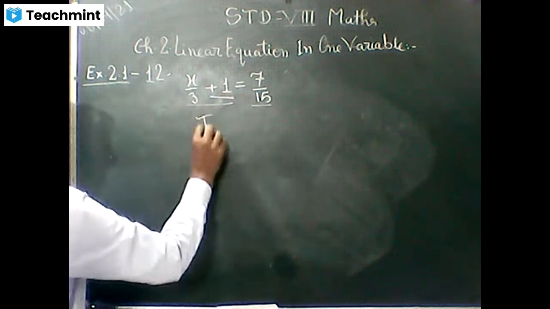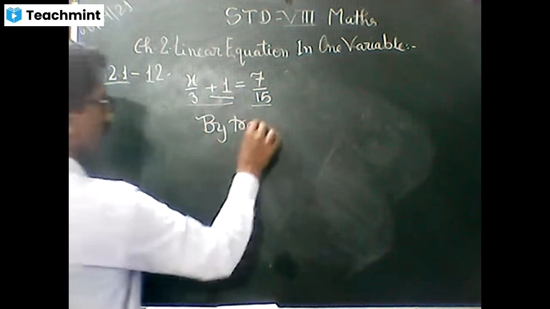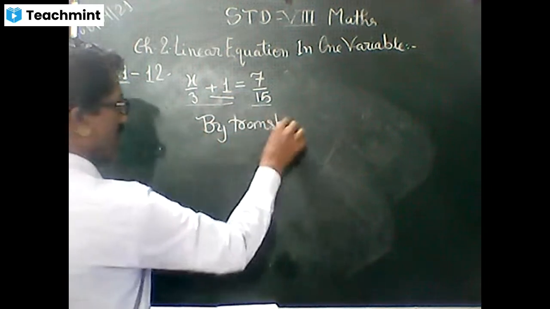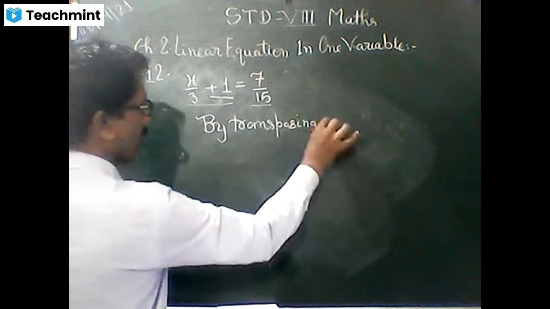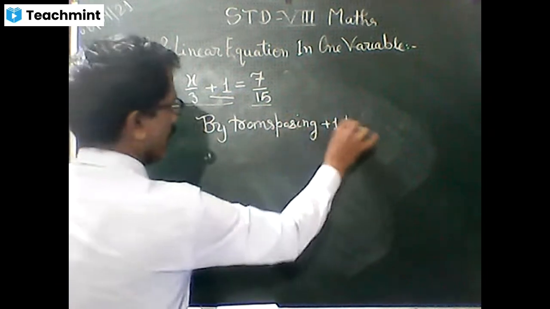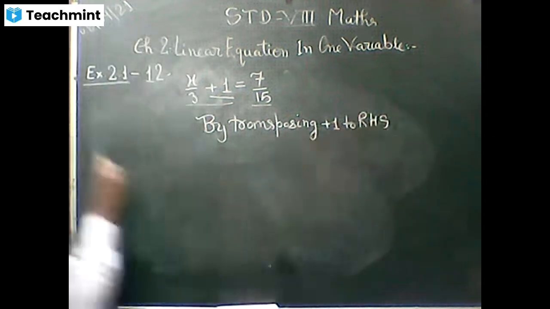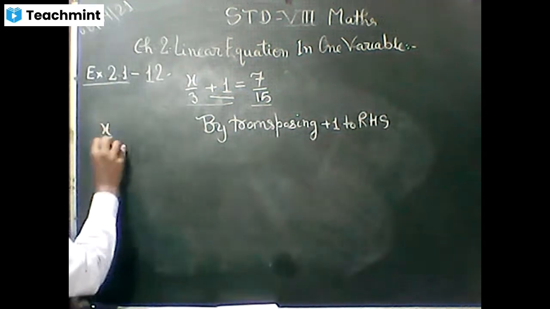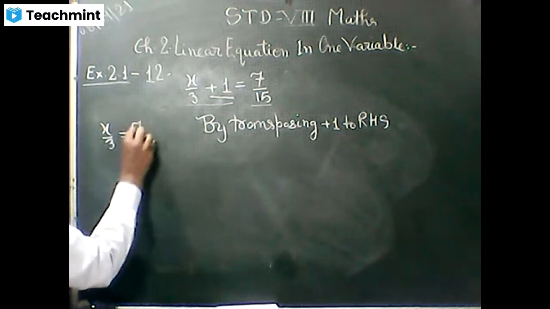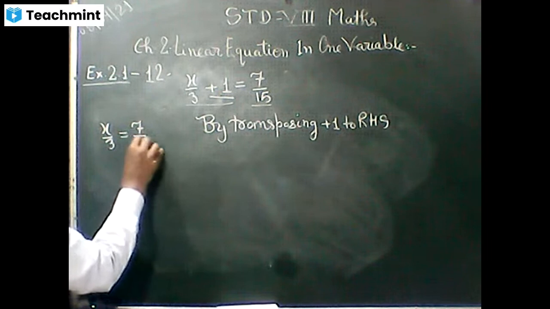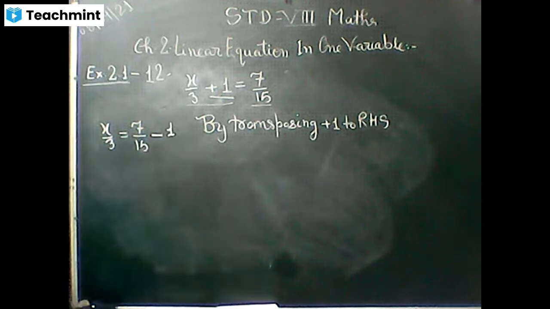So we write, by transposing plus 1 to the right hand side, x by 3 equal to 7 by 15 minus 1.